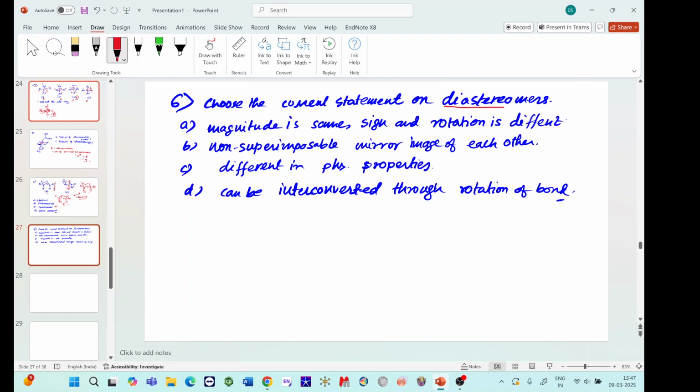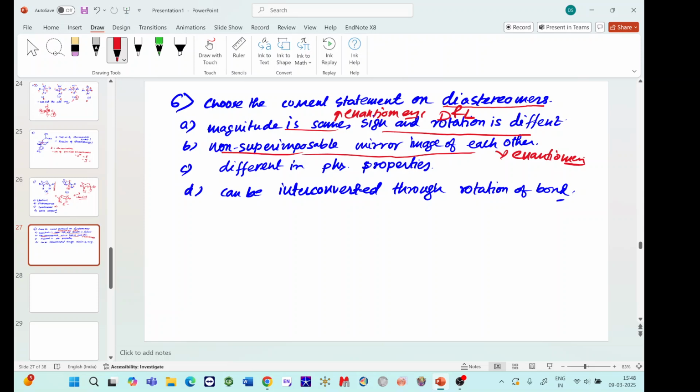You have to choose the right one about diastereoisomer. Different in physical properties. Okay, so I'll discuss all of the options. Magnitude is the same, sign of rotation is different: this is for enantiomer, you have D and L. Non-superimposable mirror image of each other: this is also for enantiomer.